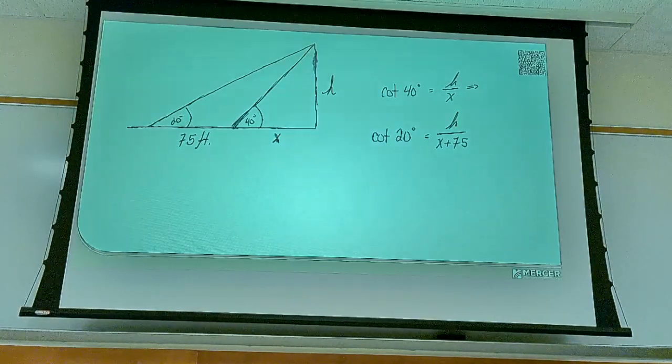Yeah, okay, so there's no problem there. X cotangent 40, then?